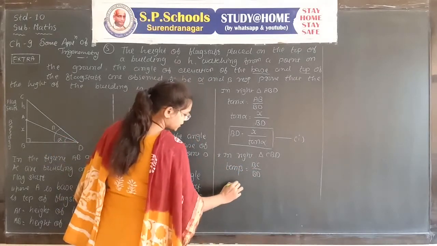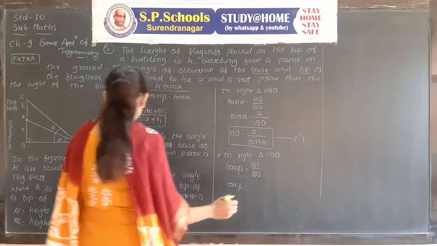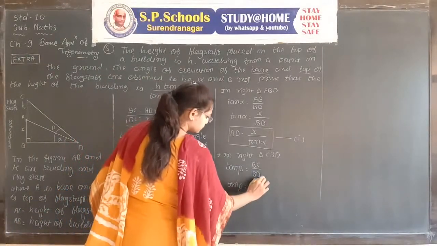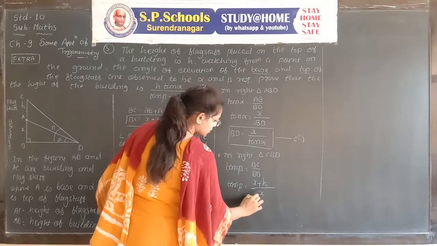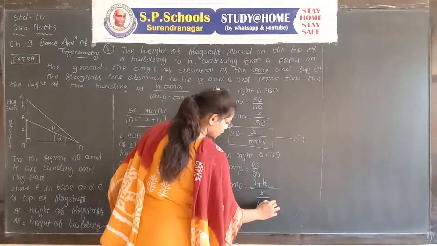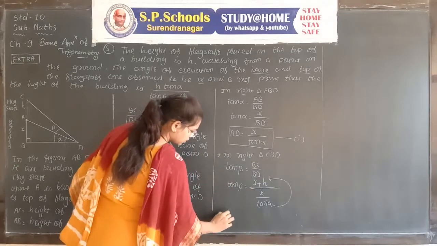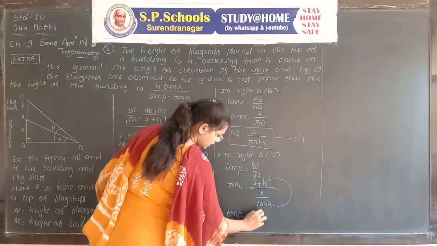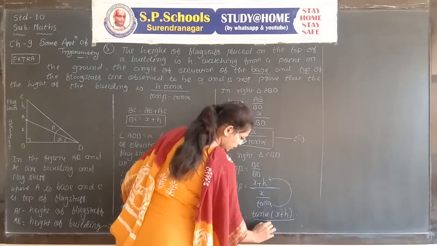Tan beta remains as it is, where BC is equal to x plus h and BD is equal to x upon tan alpha. Denominator goes to the numerator, and tan beta is equal to tan alpha into bracket x plus h upon x.